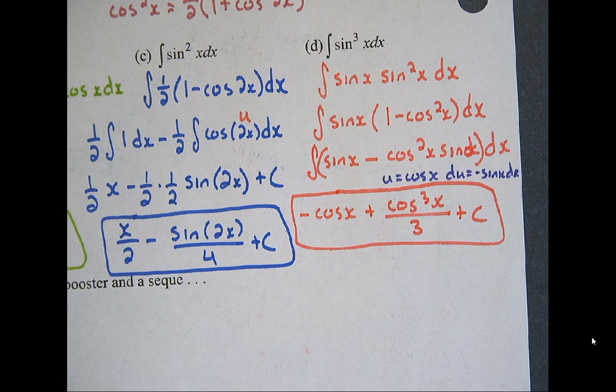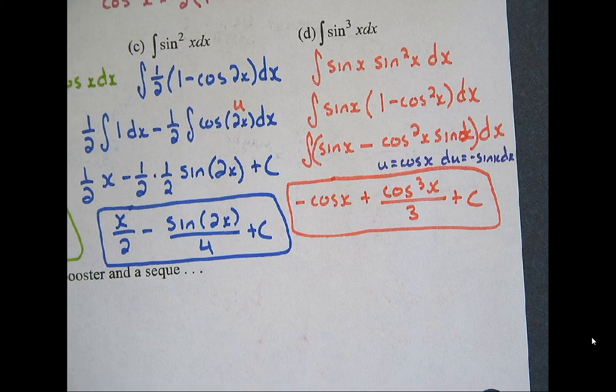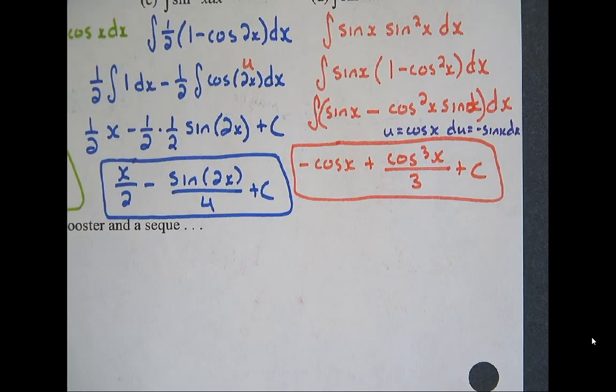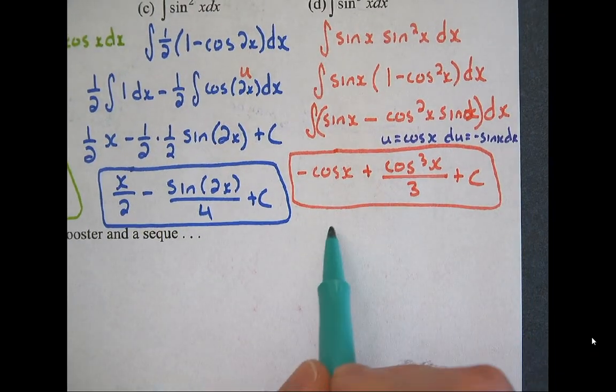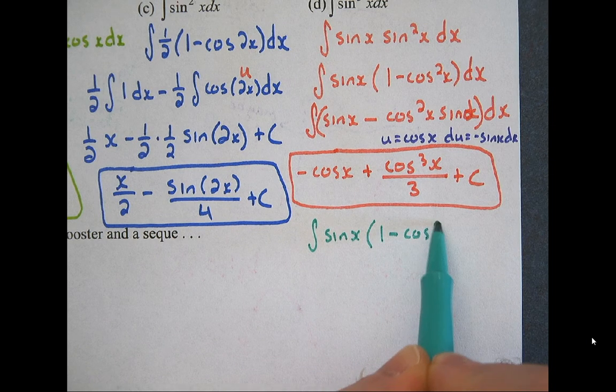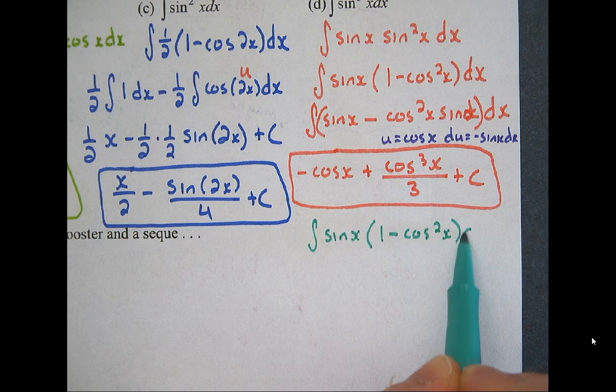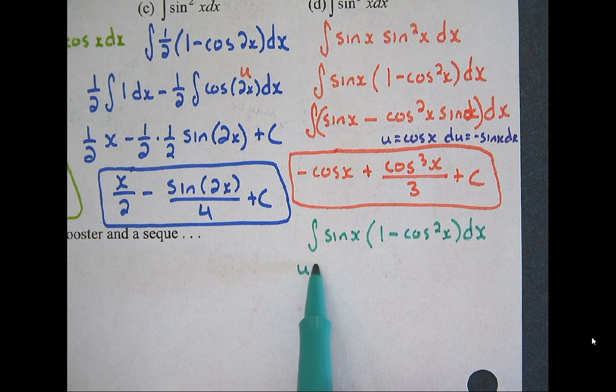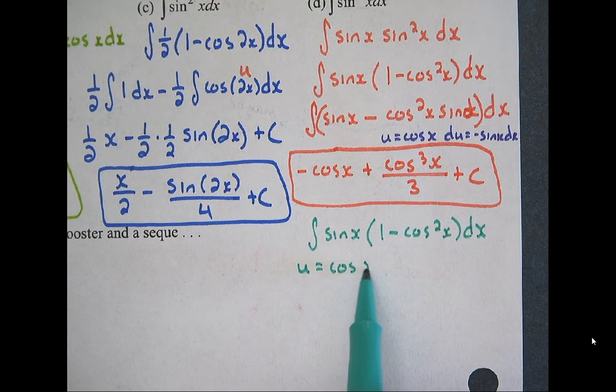I wonder what would have happened if I let u equal something else. I do have enough room, and I've been here for hours, but I'm still going to check it out because it's interesting. So let's go back to the integral of sine of x times 1 minus cosine squared of x dx. I'm going to let u equal cosine of x.